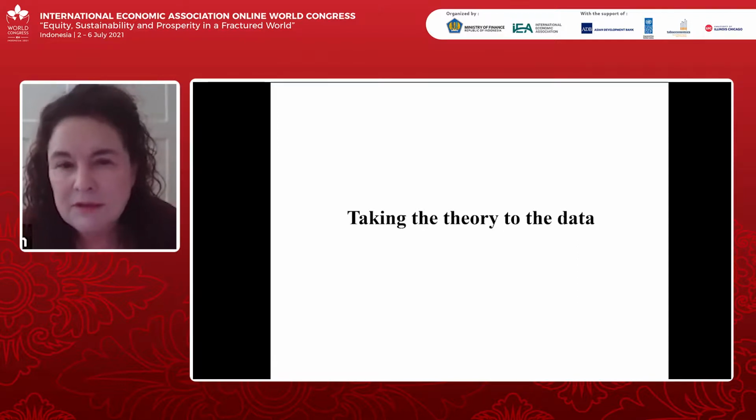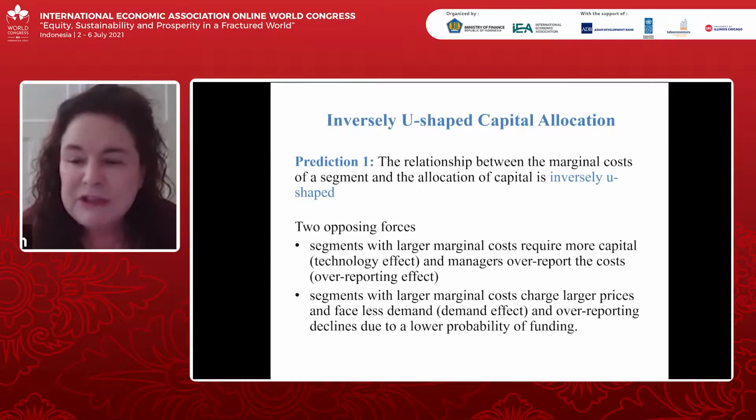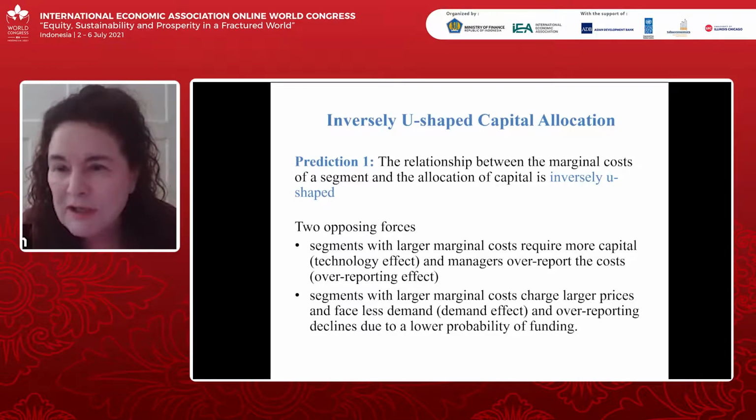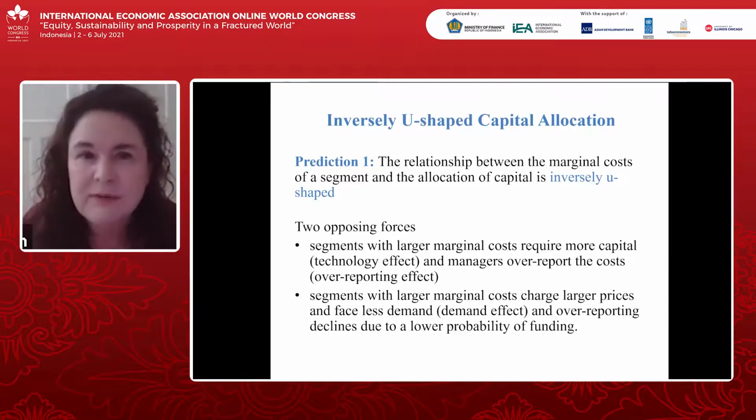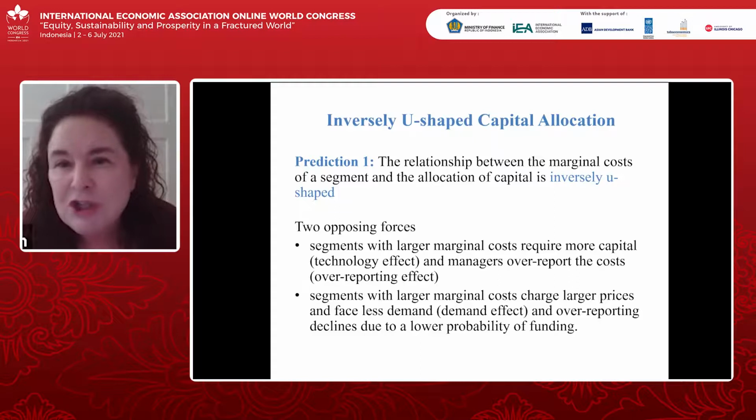So I'm coming now, taking the theory to the data. What we do is derive structural equations from the model, which we then test. And what I'm going to show you here is only the prediction from these structural equations. So the first prediction is that the relationship between the marginal cost of a segment and the allocation of capital is inversely U-shaped.